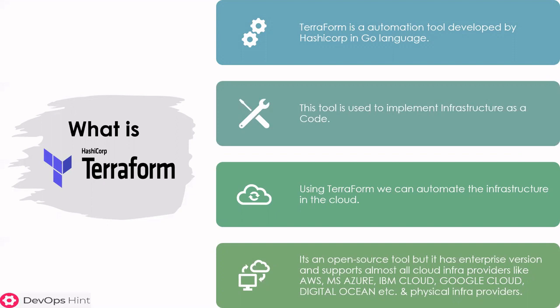That's an advanced concept, Terraform Cloud, which we will cover in the upcoming videos. It's an open source tool, it has an enterprise version, and it supports all cloud infra providers like AWS, Azure, GCP, and Kubernetes. So it supports different types of providers.